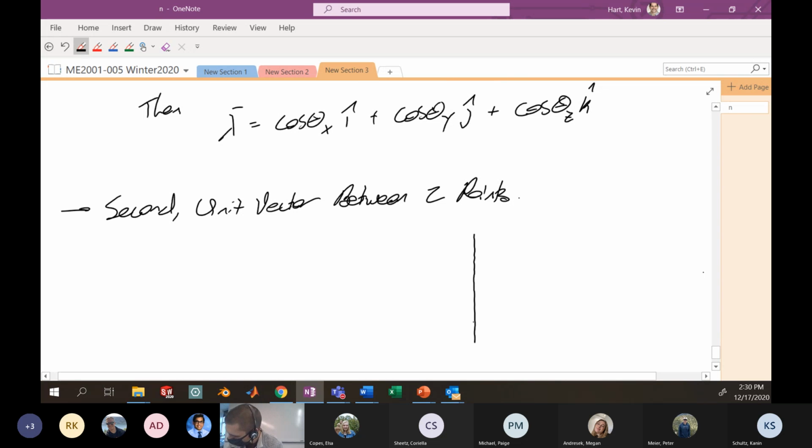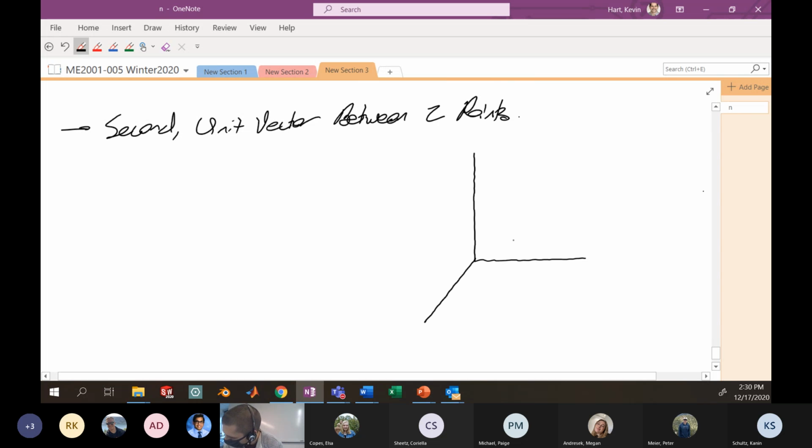And so we had an image of this as well from our notes. I'll try to replicate that here. So here I have some point that exists in space, P1. Here I have some point that exists in space, P2. Let's say I have a vector that runs between those two guys. And let's call this vector F. And let's say there's some direction in X, Y, and Z that you have to traverse to get from one point to the other.